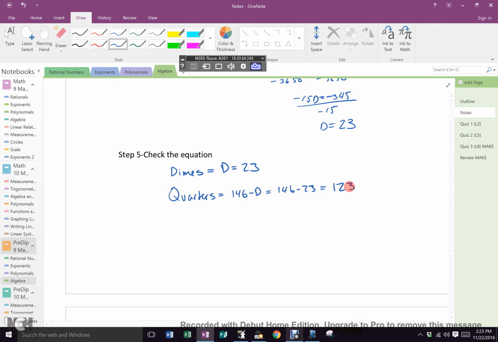Do we know if we're right? 23 times 10 is 230, $2.30. And 123 times 4? Why did I say it's times 4? Because it's quarters, 4 quarters in a dollar, because that's what kids do. What is it really? It's 123 times 25, and then two decimal places.